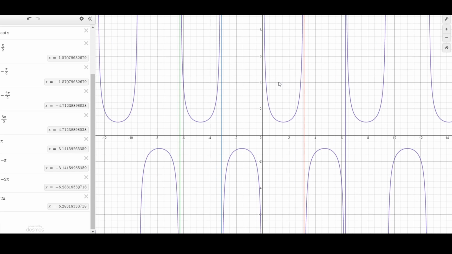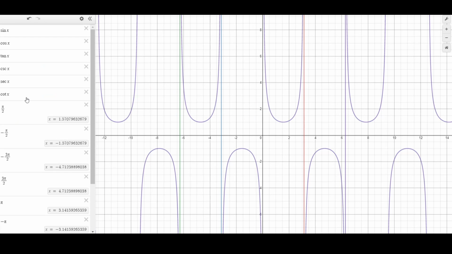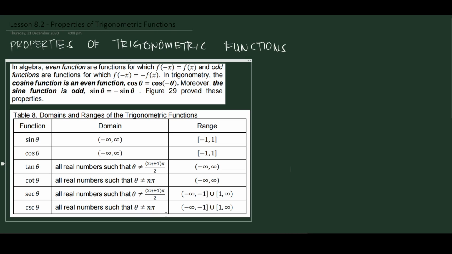Okay, so those are the asymptotes, and this is cosecant, right? As you can see here, the range is from negative 1 to negative infinity, union positive 1 to positive infinity.